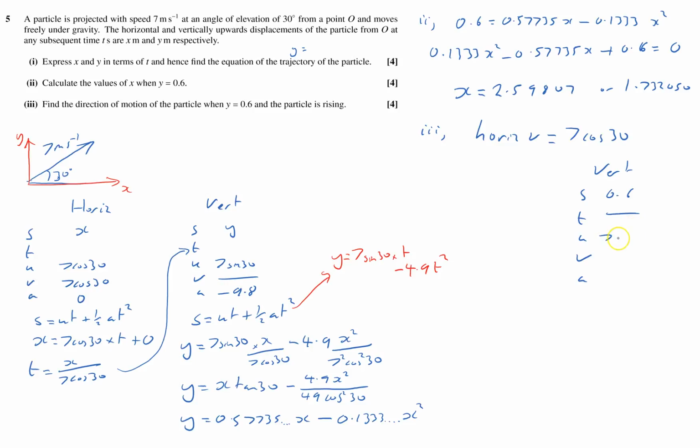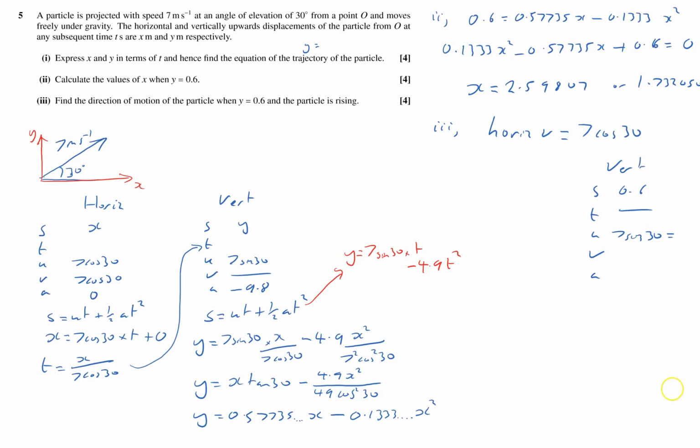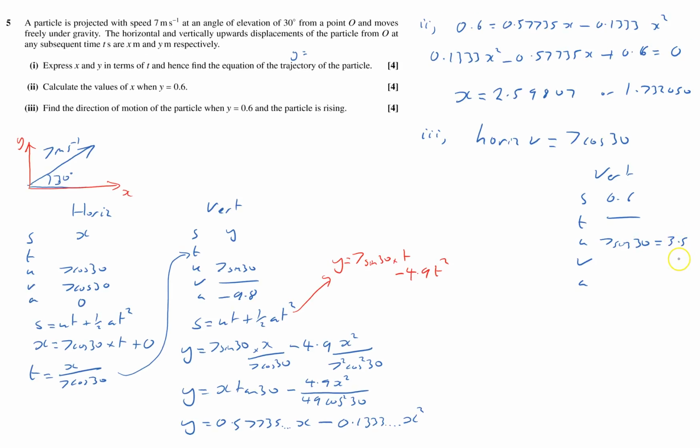Initial velocity is 7 sine 30, which equals 3.5. And v, that is what I want to find, and a is minus 9.8. So I want the one without a t in it, so that'll be v squared equals u squared plus 2as.